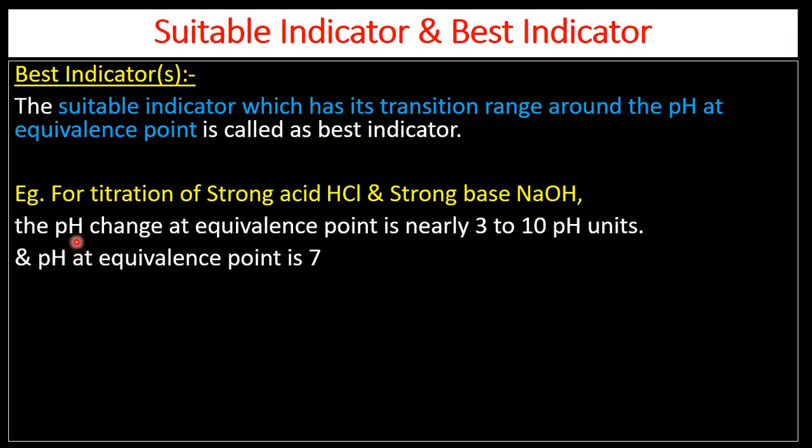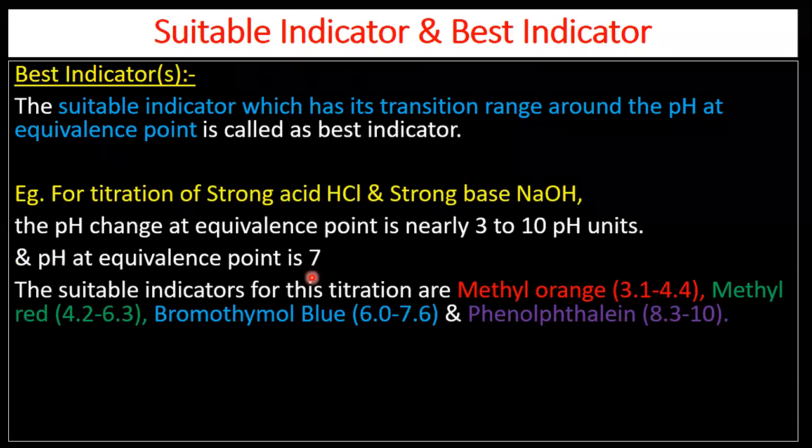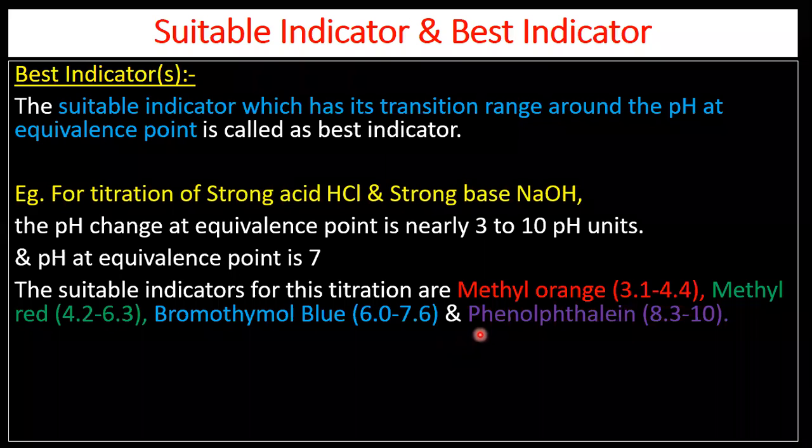Okay, हे लक्षात घ्या, pH चेंज आहे आणि इक्विव्हॅलन्स पॉइंटला जो pH असणार आहे, न्यूट्रलायझेशन पॉइंट किंवा एंड पॉइंट किंवा टायट्रेशन पॉइंट, हा pH इथे तुमचा 7 आहे. आता मगाचे जे इंडिकेटरचे एक्झाम्पल आपण बघितले, सुटेबल इंडिकेटर कोणकोणचे होते? मिथाइल ऑरेंज 3.1 to 4.4, मिथाइल रेड 4.2 to 6.3, ब्रोमोथाइमोल ब्लू 6.0 to 7.6, and phenolphthalein 8.3 to 10.